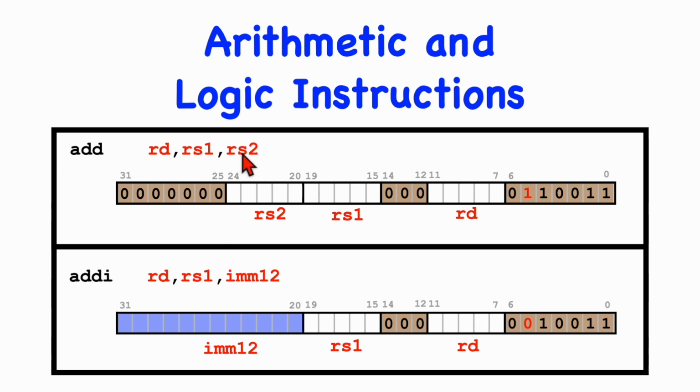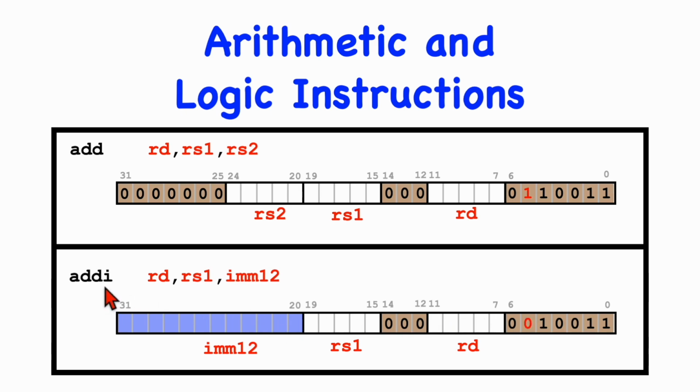In the case of register-to-register instructions, we have an encoding that looks like this. So we see that we've got 5-bit fields for the various registers, right? 5 bits is enough because 2 to the 5th is 32, and we have 32 general-purpose registers. The opcode is shown in the bits that are colored brown, and you can see that the opcodes for these two instructions are almost identical, but not quite.